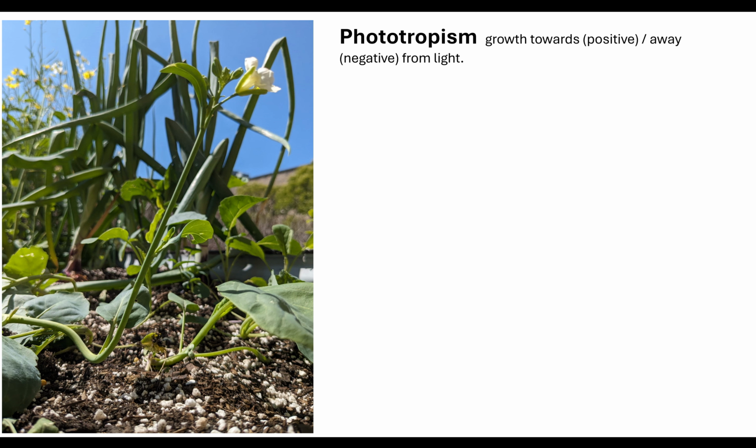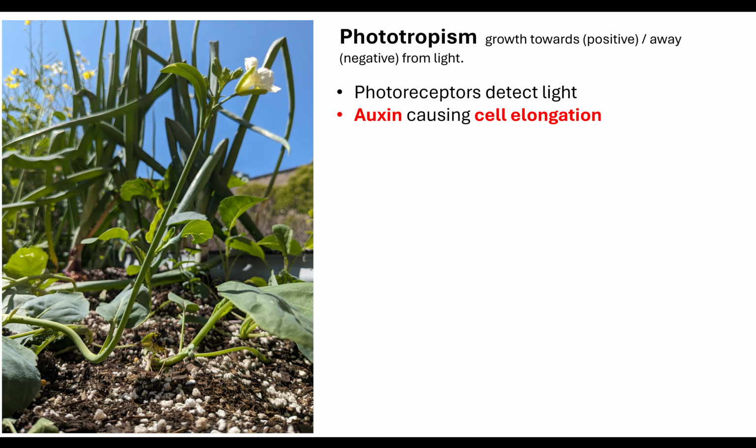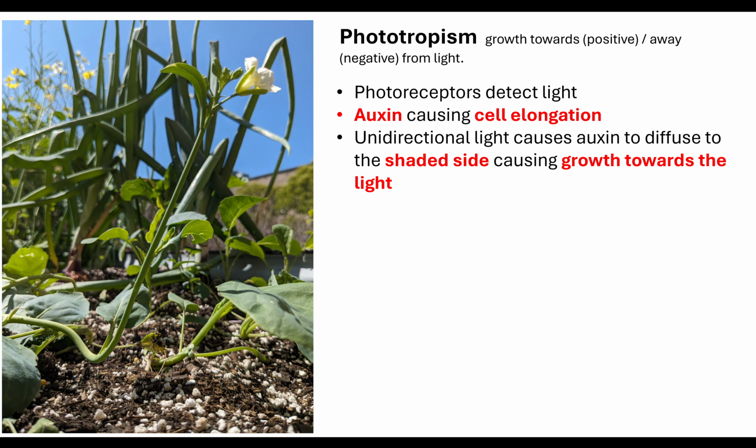So we're going to focus on the shoots today, and we need to understand that there are photoreceptors that are going to detect light. These photoreceptors are found in the tips of the shoots, and what they do is they produce a hormone called auxin. Auxin is going to cause cell elongation.